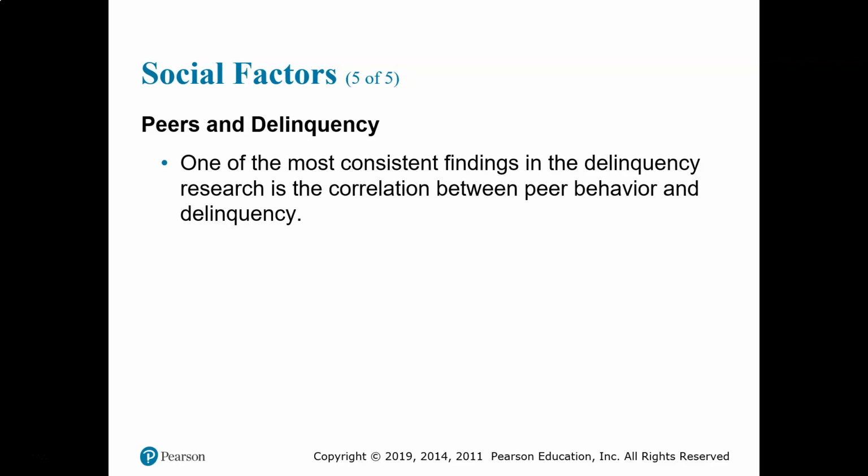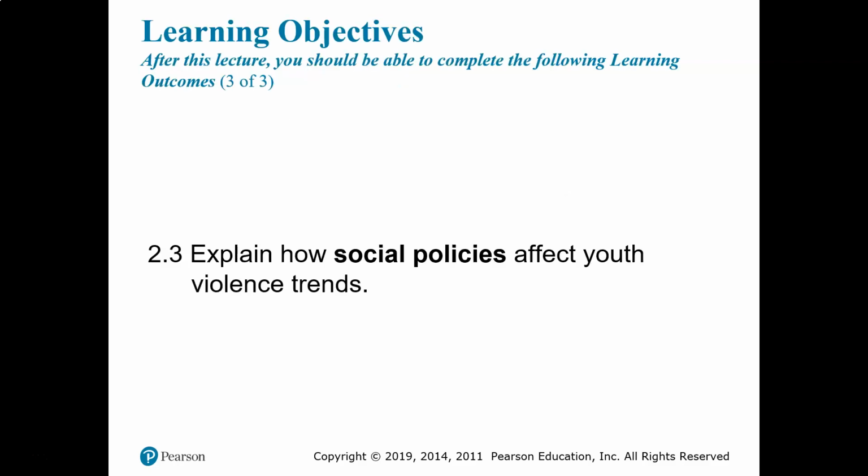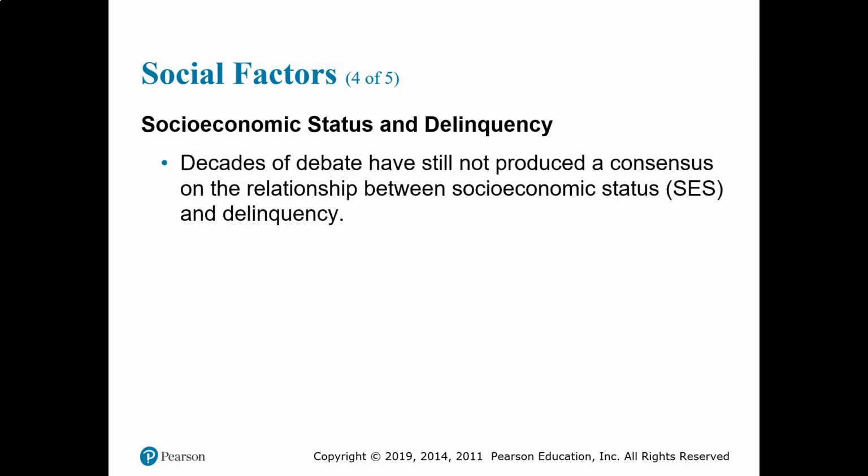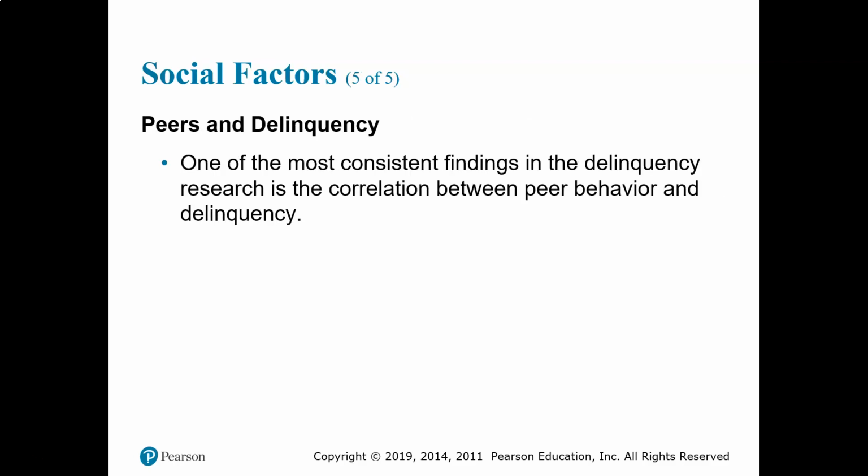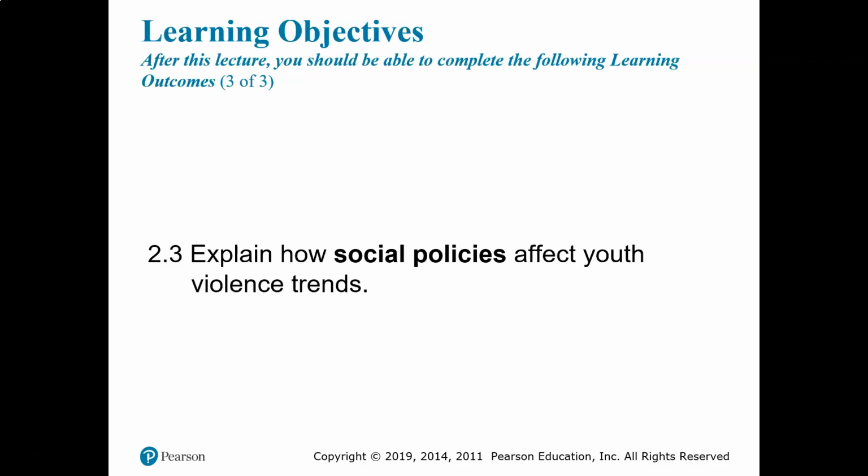I'm not trying to say that people are dogs, but if you hang out with people who smoke weed and steal cars, you're more likely to do so too. Again, just because you're poor does not mean you're going to be a delinquent. Just because your friends are questionable doesn't mean you're going to be delinquent.